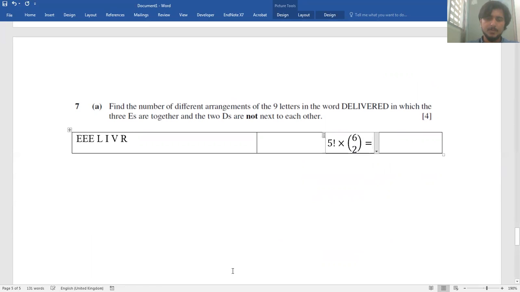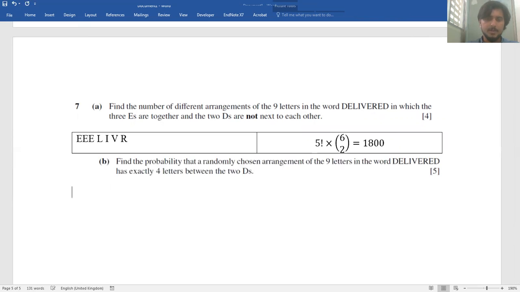So this should give me the final answer as 1800. So this is one way of doing it. Obviously, we have other ways as well, where we find the total and subtract from that.